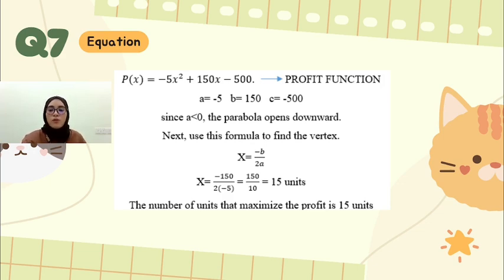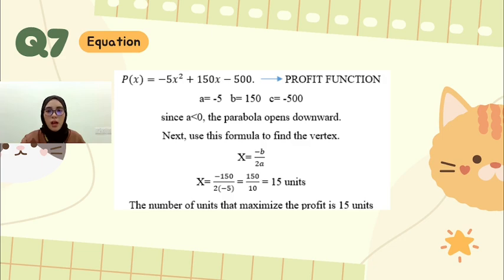So first we have to determine the x-coordinate of the vertex of the parabola. For this question, we use the vertex formula, x equals negative b divided by 2a.